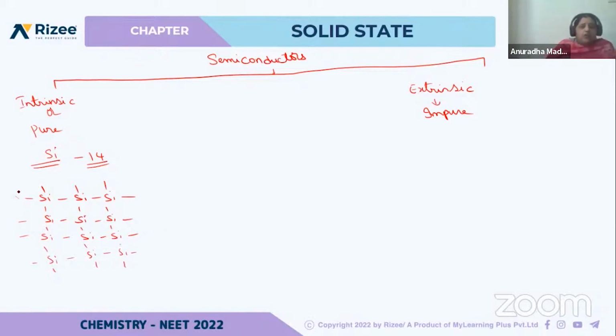In general, at normal temperature, this forms 4 bonds with other silicon.